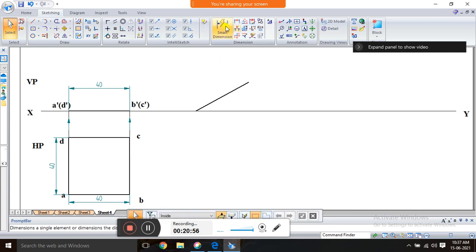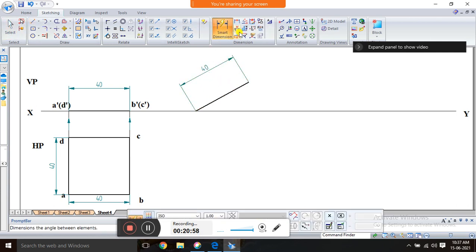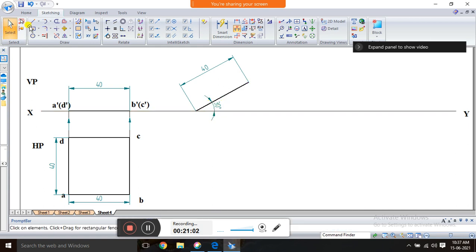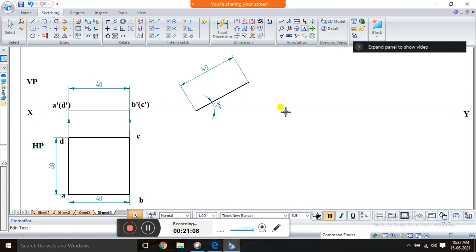So this line is 40 mm and the angle is 30. Clear? And name it: this point is A dash D dash, and this point is B dash C dash.